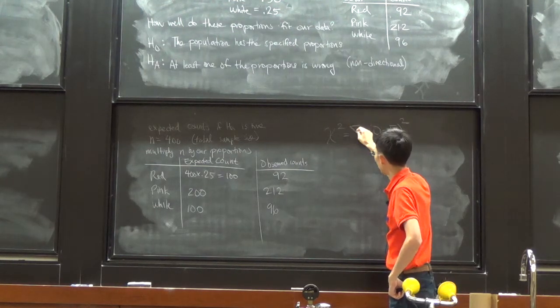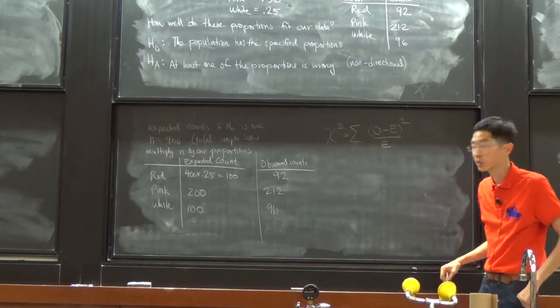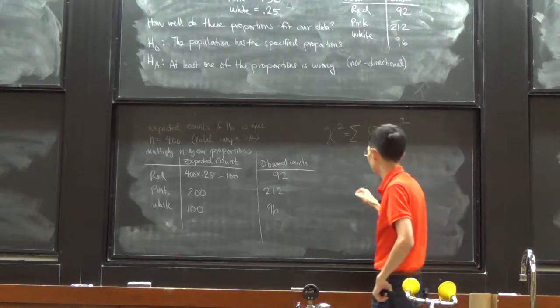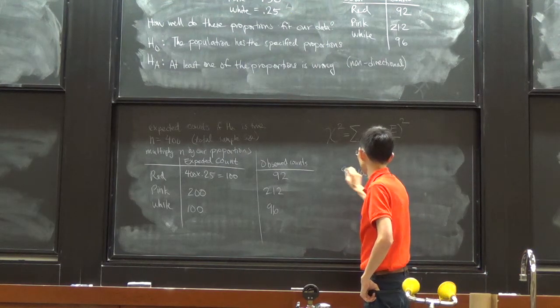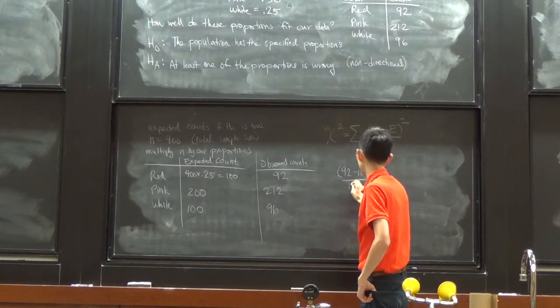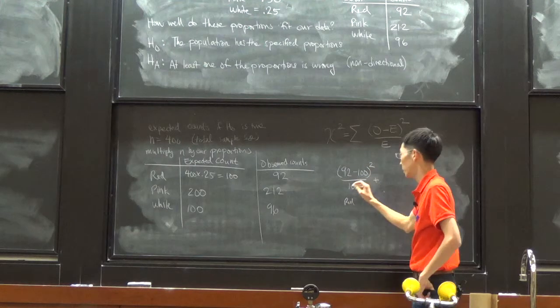And we do this for all categories. So I'm going to do 92 minus 100 squared over 100. So this would be technically for red. And then you could go for pink.